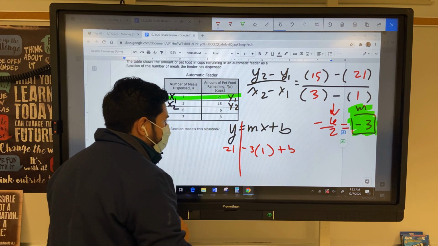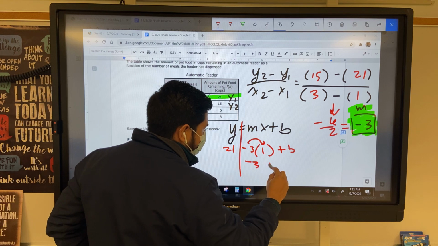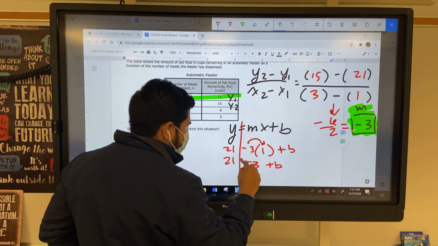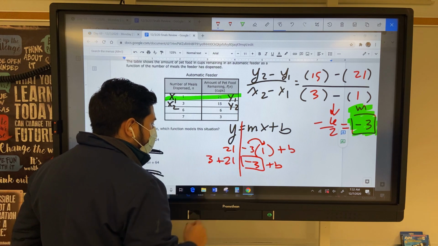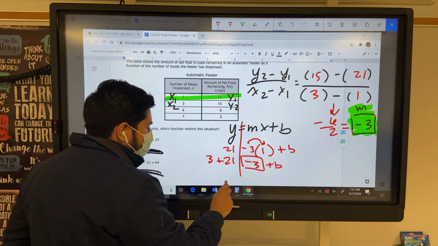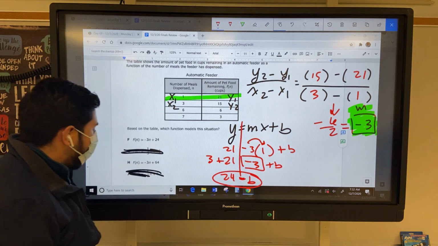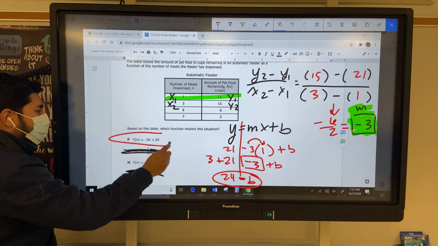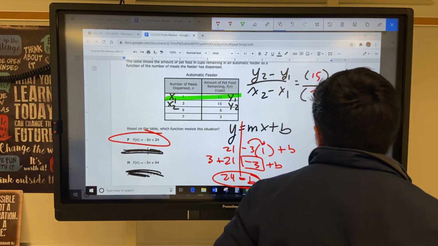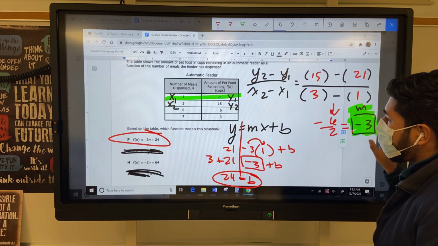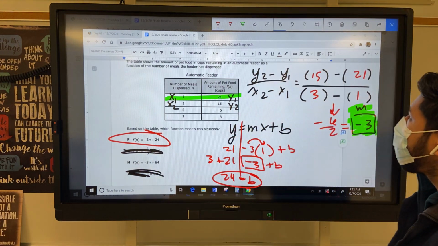We're solving for b. -3 times 1 is -3. Bring the 3 over, it turns into +3. 3 plus 21 is 24. Which one has 24? Watch this part again, just so you can see that we went from slope to y equals mx plus b to find the equation.